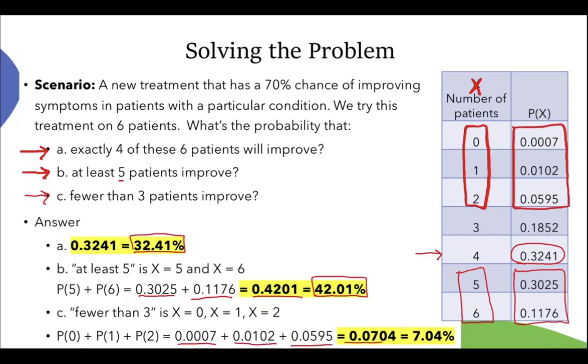It sums up to 0.0704 or 7.04%. Now on your homework, when you're asked questions like this, you will be told whether or not to answer in the form of a decimal or in the form of a percent. So just follow the instructions and answer as the question asks. Both of them are valid probability answers.